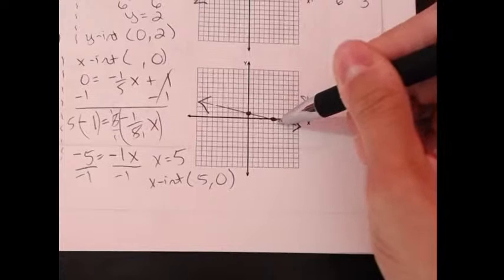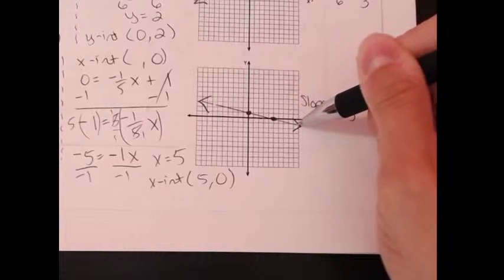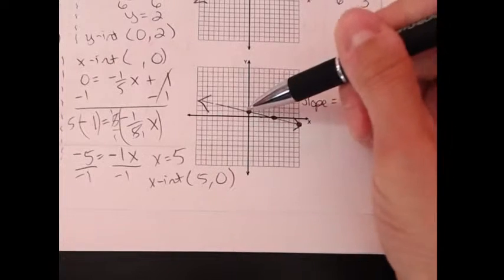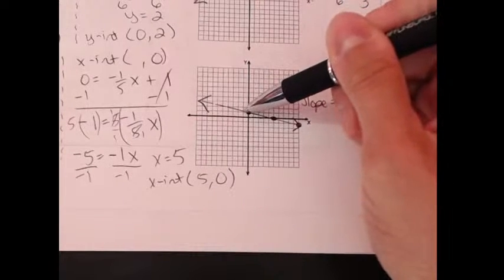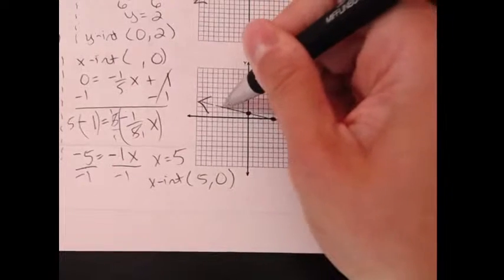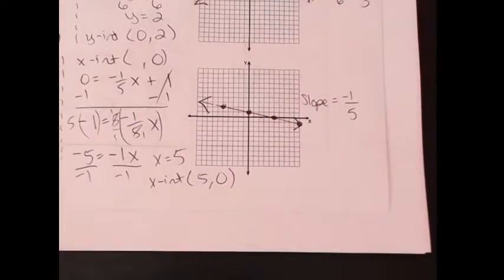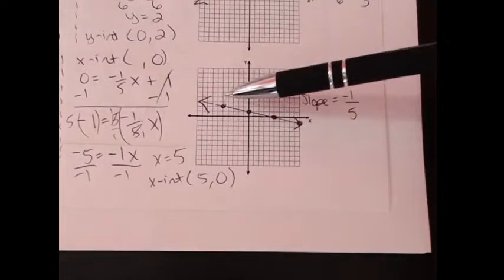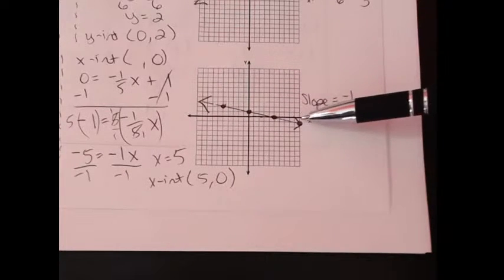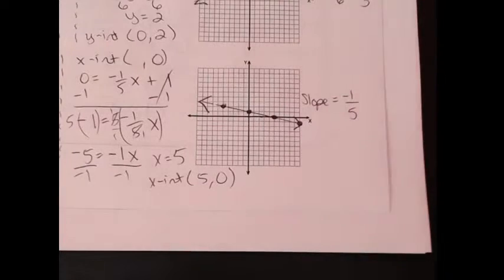Down 1 over 5. Right? And that's where we cross. If you want, you could go backwards and test this. So let's go back 5, up 1. And what do you know? You found yet another point on that line. So as long as when you move from one point to the next, down 1 over 5, down 1 over 5, we can always pick a point that precedes that to make sure that we're still applying that slope. Now, before I leave this page, I want you to notice something super cool.